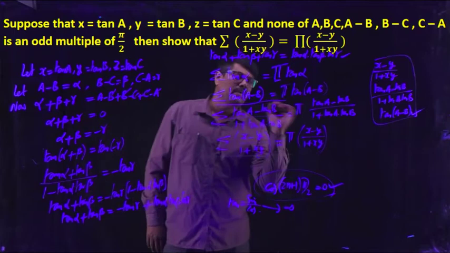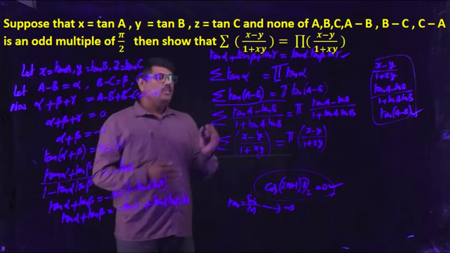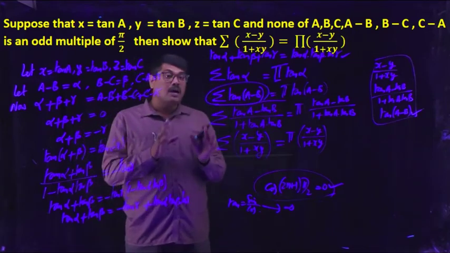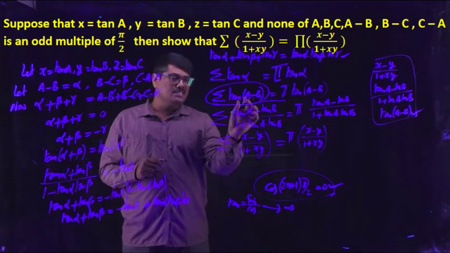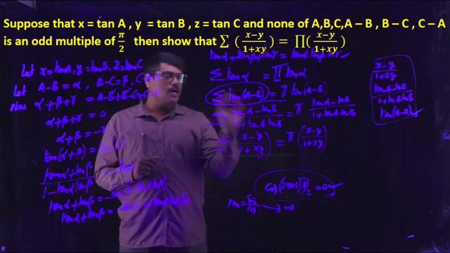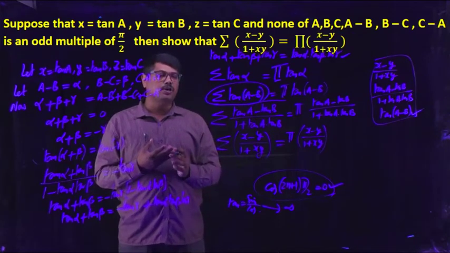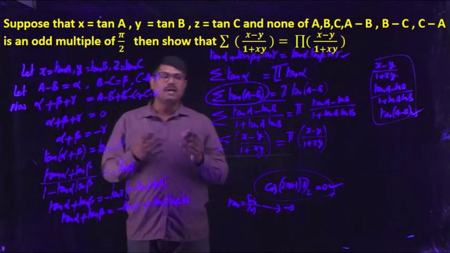During the problem we get the angles A minus B, B minus C, C minus A. Tan of A minus B is well defined if cos of A minus B is not equal to 0. When cos of A minus B is not equal to 0, A minus B is not an odd multiple of pi by 2.